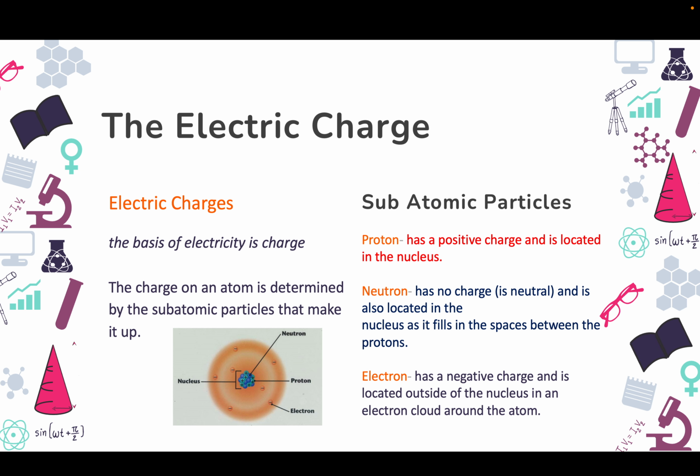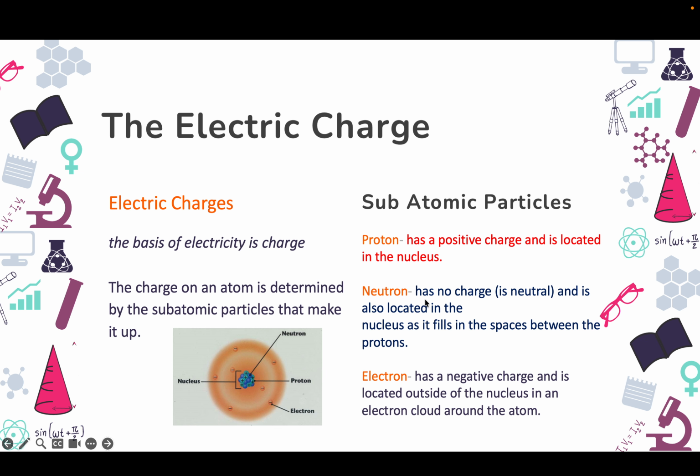The charge of an atom is determined by the subatomic particles that make it up. So in this atom, of course, in the middle part will be the nucleus, and inside the nucleus will be your neutrons and your protons, while outside, which we call the orbital, will be where you would be locating the electrons. The proton has a positive charge and is always located in the nucleus.